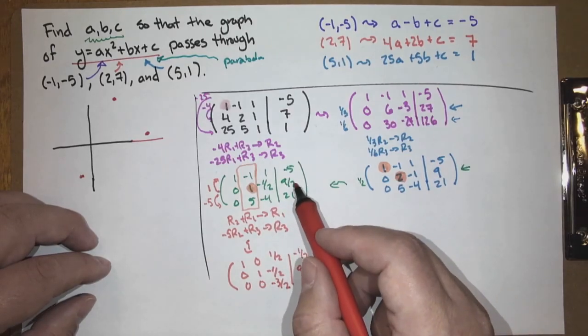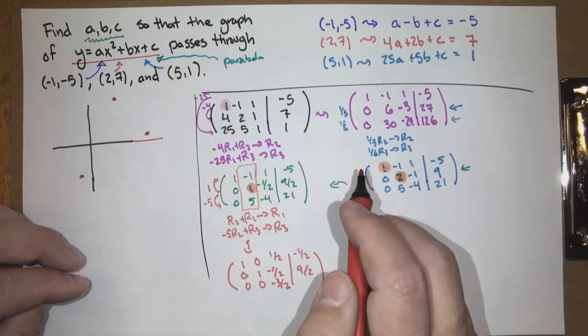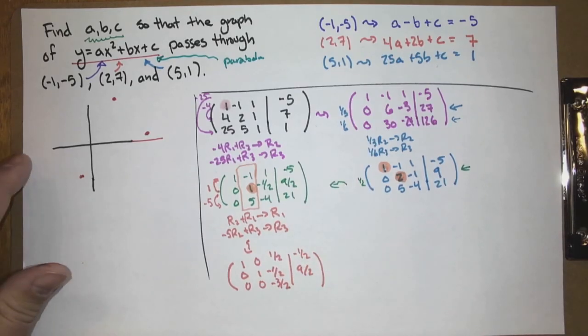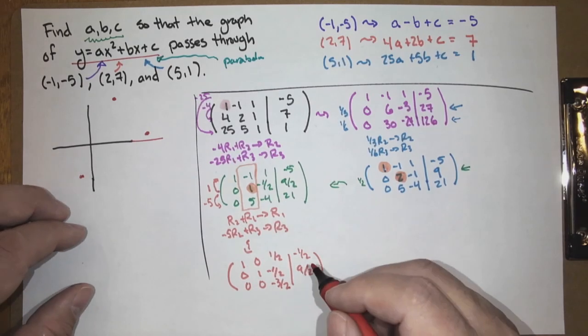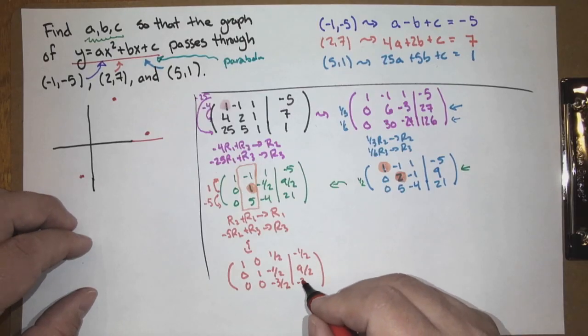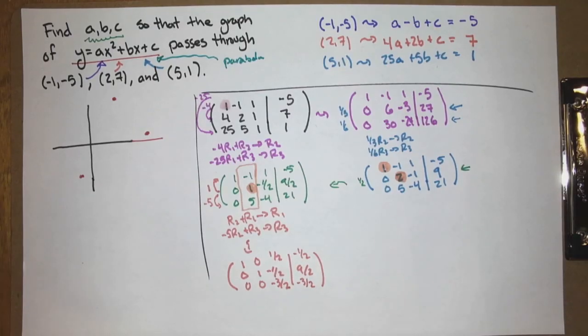Minus 45 halves plus 21. 21 is 42 halves. Minus 45 halves plus 42 halves is minus 3 halves. All right. Well, good.